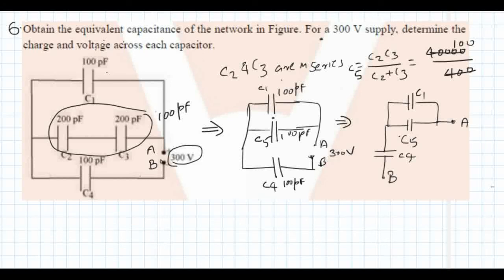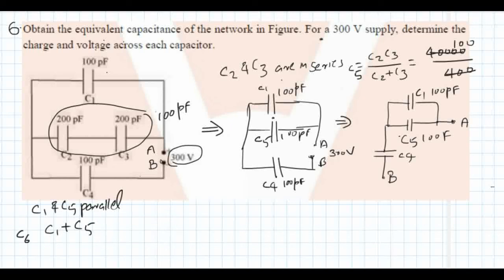And what is the value of C1? C1 is equal to 100 picofarads, and C5 is equal to what, which is again 100 picofarads. So what is the value of C1 and C5 parallel? So when these are parallel, effective capacitance is nothing but C1 plus C5. So let this be a new capacitance, suppose it is C6, right?